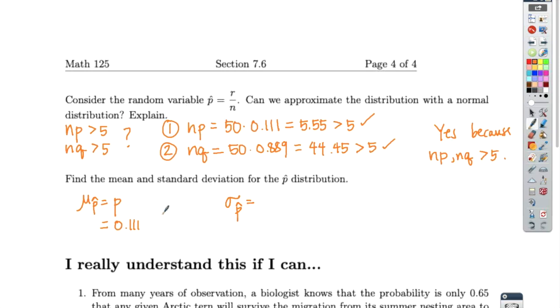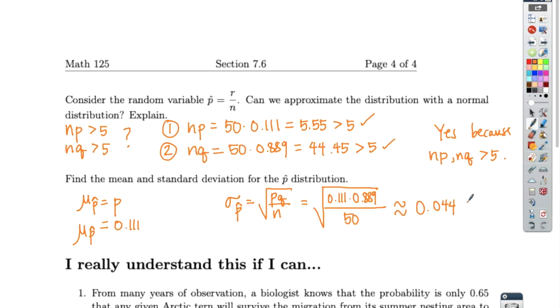So there's the mean of this distribution. And the standard deviation is pq over n under the square root. So in our case, everywhere we see a p, we'll put 0.111, everywhere we see a q, 0.889, and everywhere we see an n, 50. And when I throw that into my calculator, I'm going to round to 3 decimal places, 0.044. So there's the mean and the standard deviation.